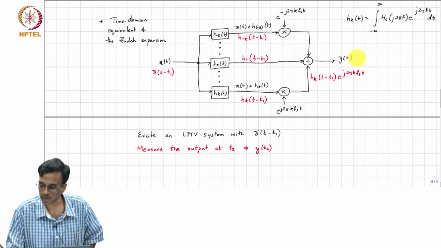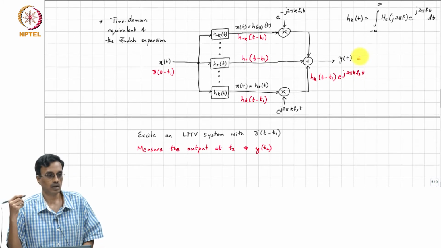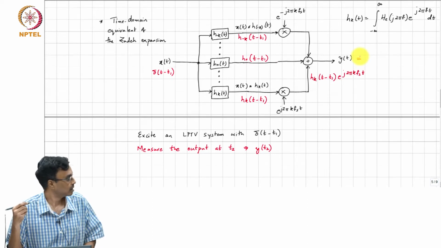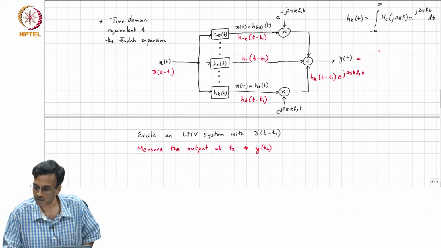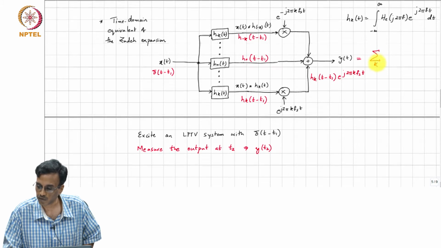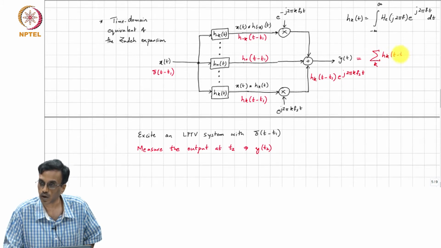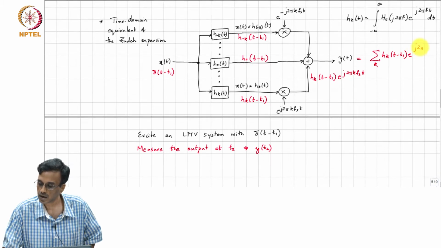So, what will y of t be? It is simply the sum of all these terms. So, sum over k h sub k of t minus t1 e to the j 2 pi k f s times t.